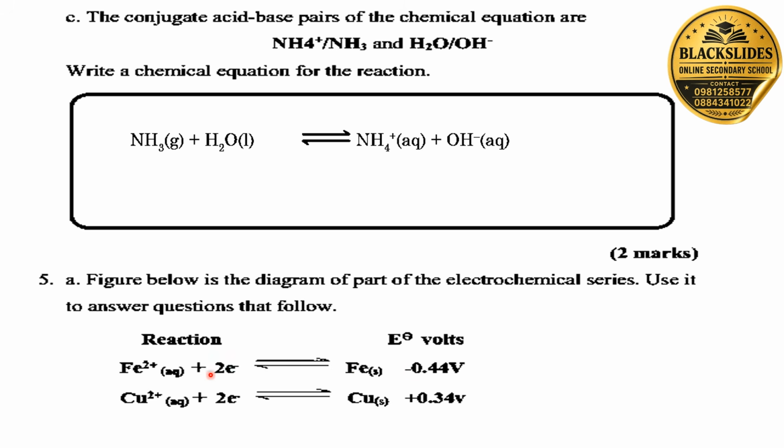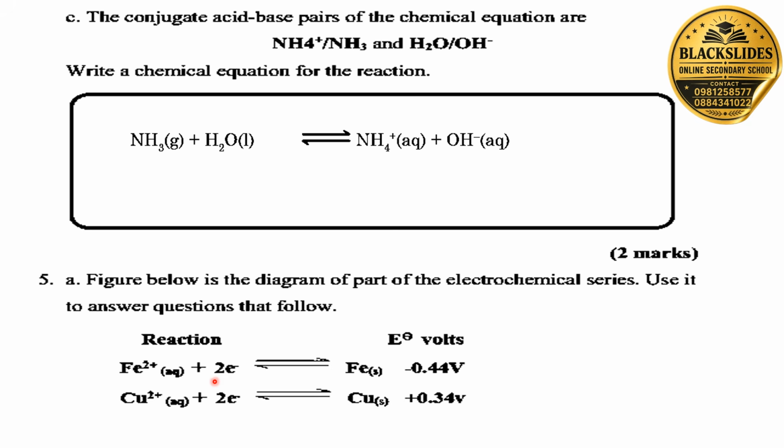This process happens at the cathode of the cell. Copper ions are being reduced to copper metal atoms, and this is accompanied by an electrode potential of 0.34.